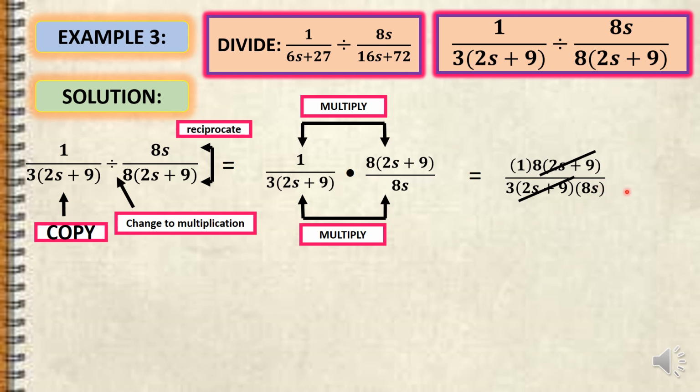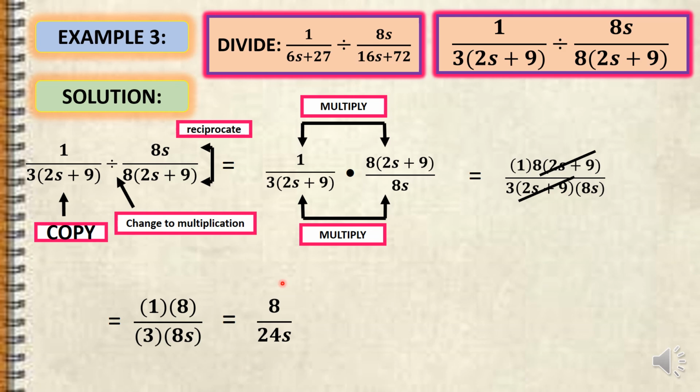Okay? So that is, yung remaining na lang natin is 1 times 8 sa numerator. Then sa ating denominator is 3 times 8s. Okay? So get the product of that. That is 1 times 8, that is 8. And then 3 times 8s, that is equal to 24s. So take note, again, before concluding that this is your final answer, you need to double check, especially yung numerical coefficients natin kung meron siyang greatest common factor.